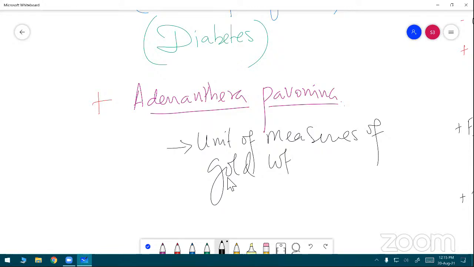Yes, student. Due to the attractive colors of the seeds, the seeds of Adenanthera pavonina are used instead of weights. Gold weight can be measured by the seeds.